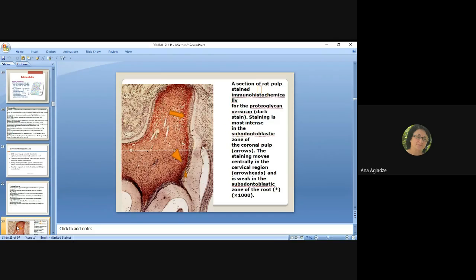Here this dark part on the periphery shows the proteoglycan versican, which is most intense in the sub-odontoblastic zone of the coronal pulp, here and here and here. And you can also find here the fibronectin, which is concentrated near the odontoblast layer and binds these cells to the extracellular matrix.